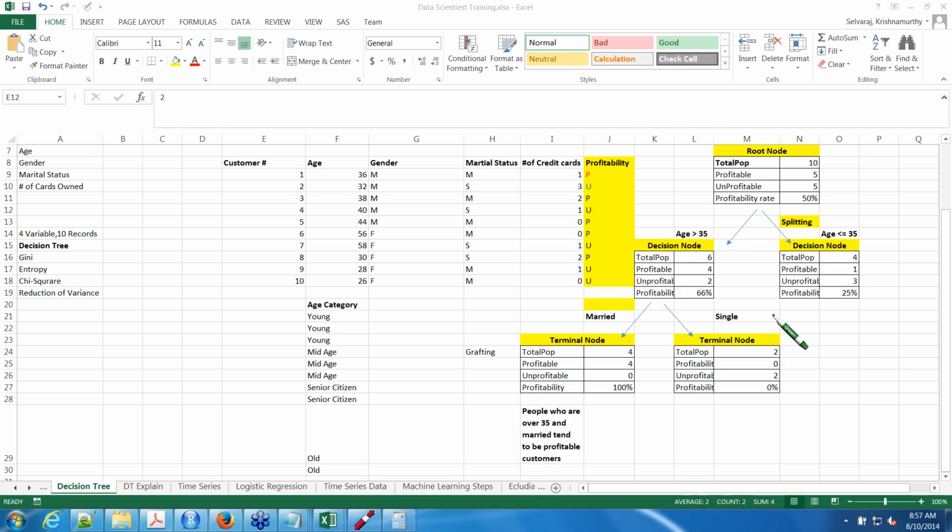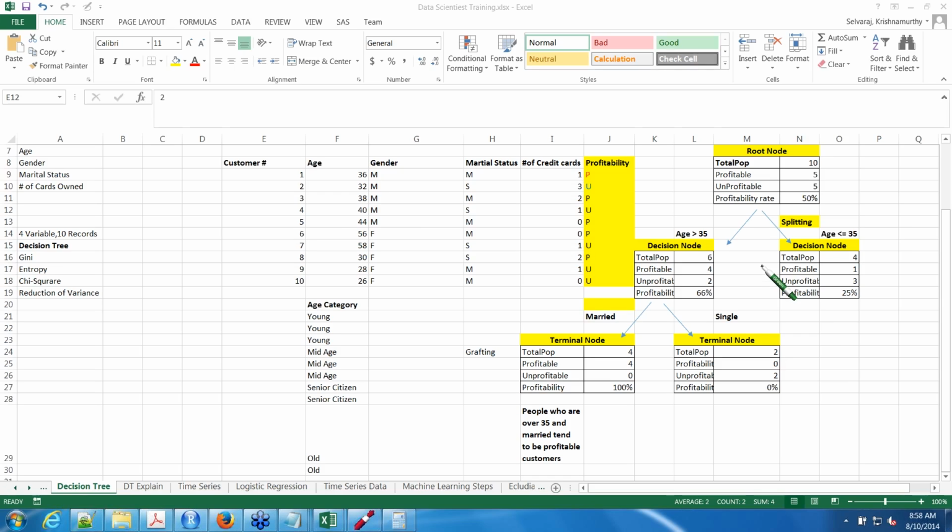If you take it, it will be splitting further. It does not use number of credit cards because it does not have enough values to spread. It is unique, the number of credit cards, right? We can take that as well, but the tree will fall in a certain direction. The root will be the base. Out of the base, it starts spreading the nodes, the branches.